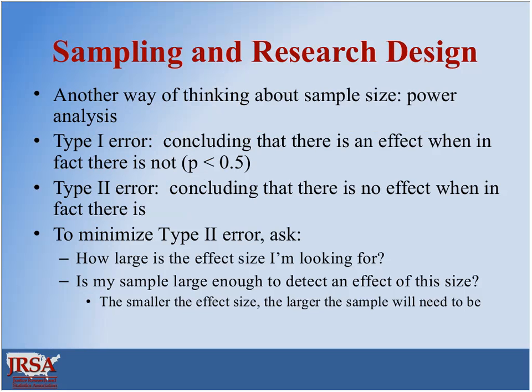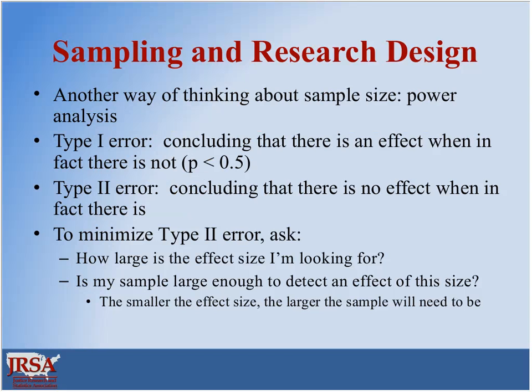But there's another way of thinking about sample size, and that is what's known as power analysis. I'm just going to go over the basic concept here because I think it's interesting, and if you're interested in this, you can delve into it further.